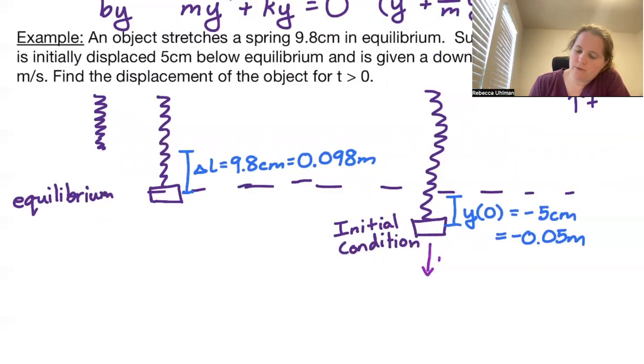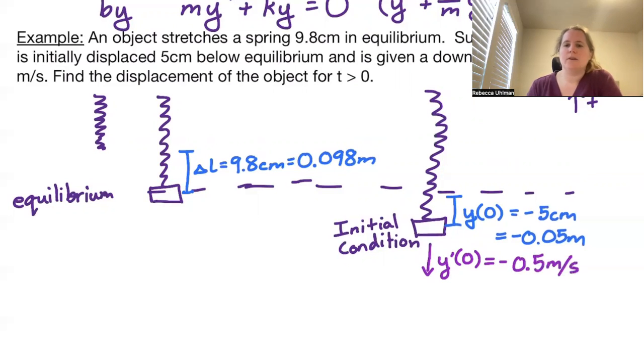So we have a downward velocity, y prime of 0. We're going down, so it should be negative, and then 0.5 meters per second. So this is the situation we're dealing with.